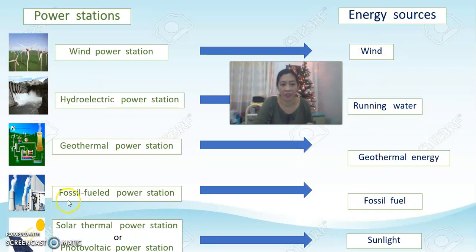Fossil fuel power station: fossil fuel. Solar thermal or photovoltaic power station: sunlight. These are the power stations and their energy sources.